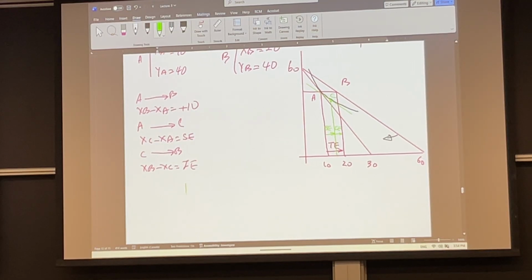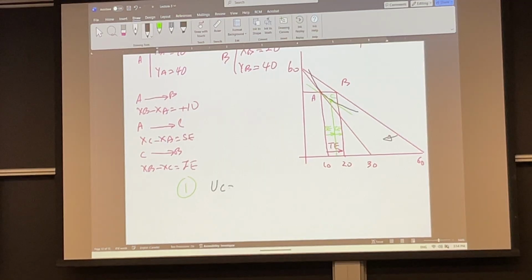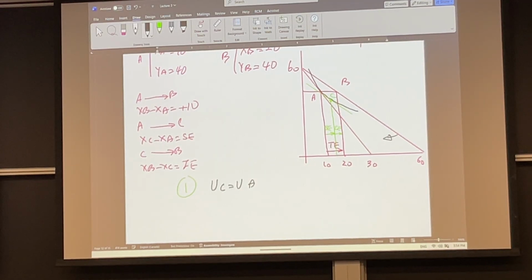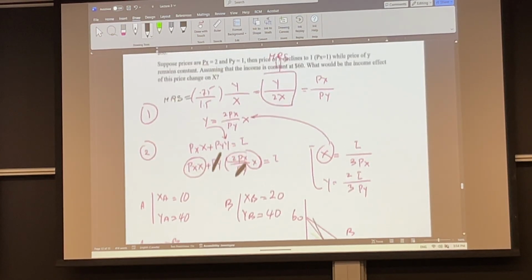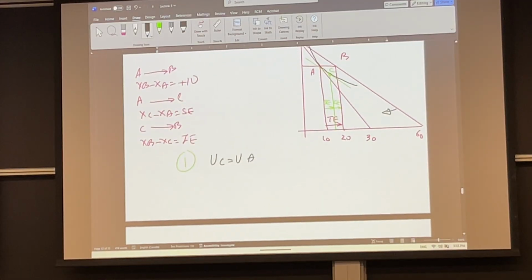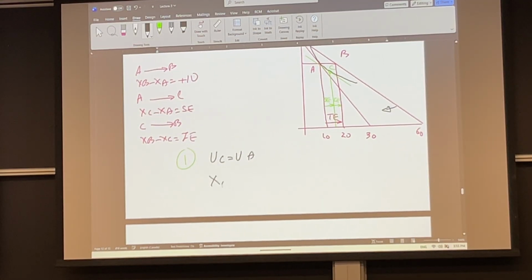What are the characteristics of point C? Number one, it is on the same indifference curve that point A was. So utility of C is utility of A. They are on the same indifference curve. That is C that I don't have. A, I have it.